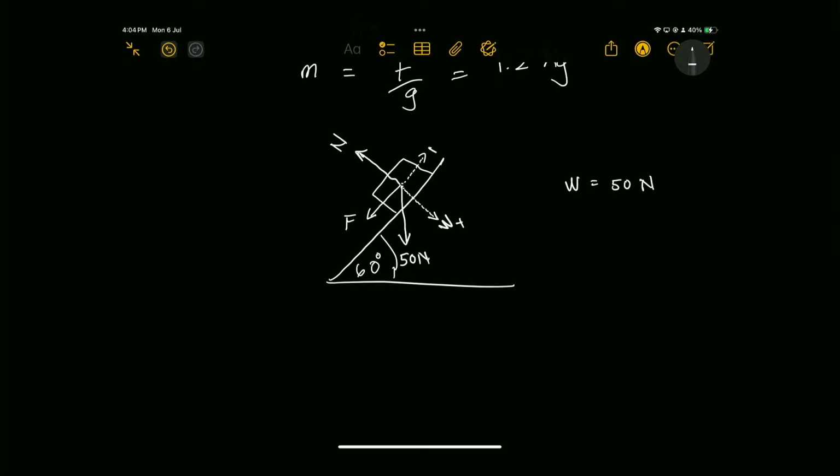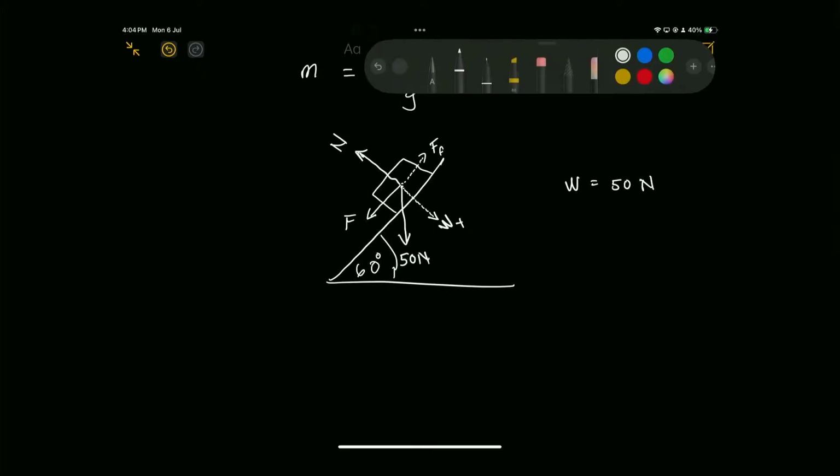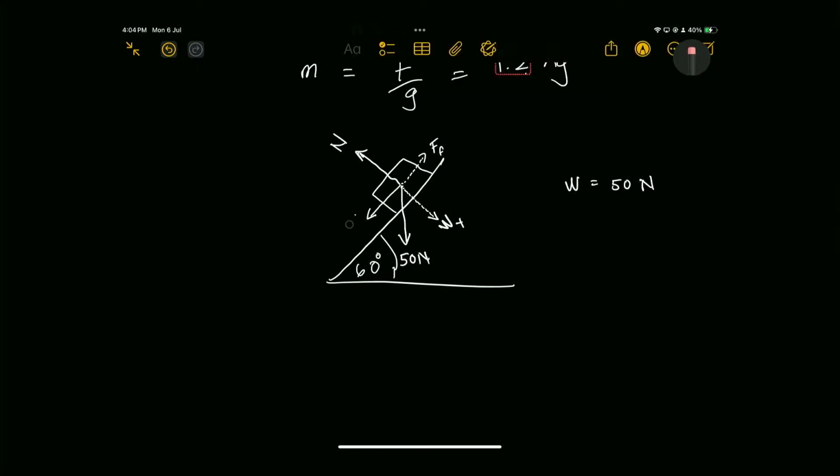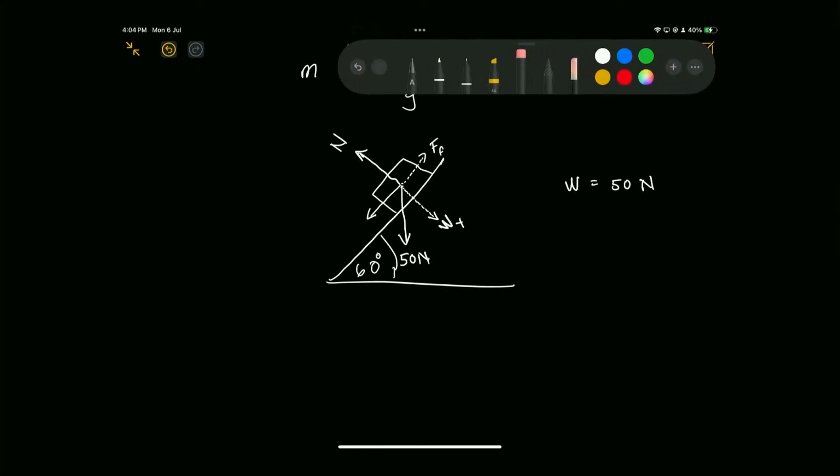And F would be the component of the weight that is parallel to the plane, right? This would be the frictional force. I'll write that as FF, right? I could actually write F in this case as WX, just to simplify.